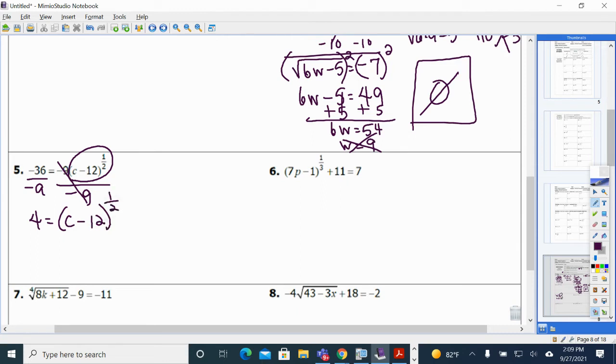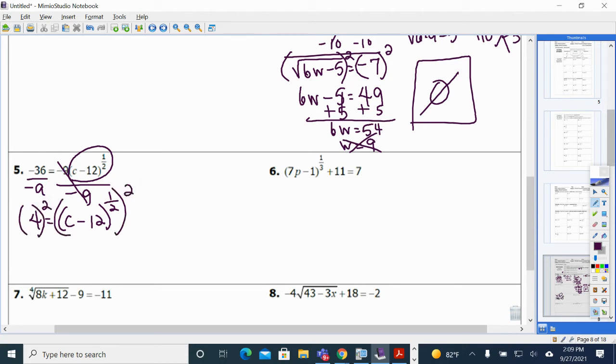Now, I said to you in lesson number 2 that your index is the denominator. So the index on our radical is the denominator. So the denominator here is a 2, which means we're going to raise both sides to the 2nd power.